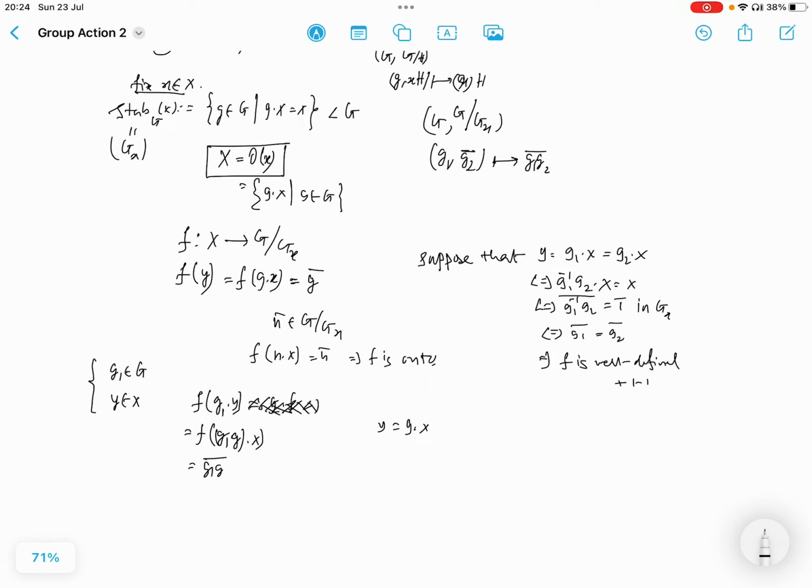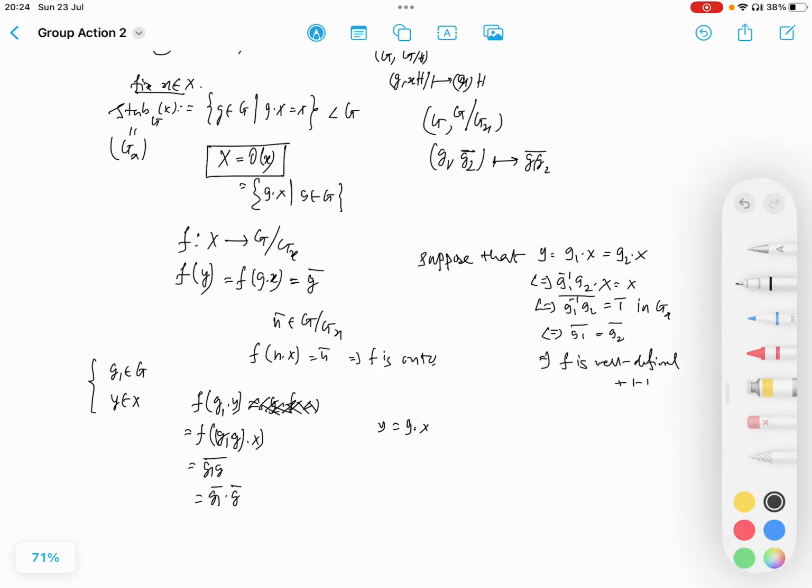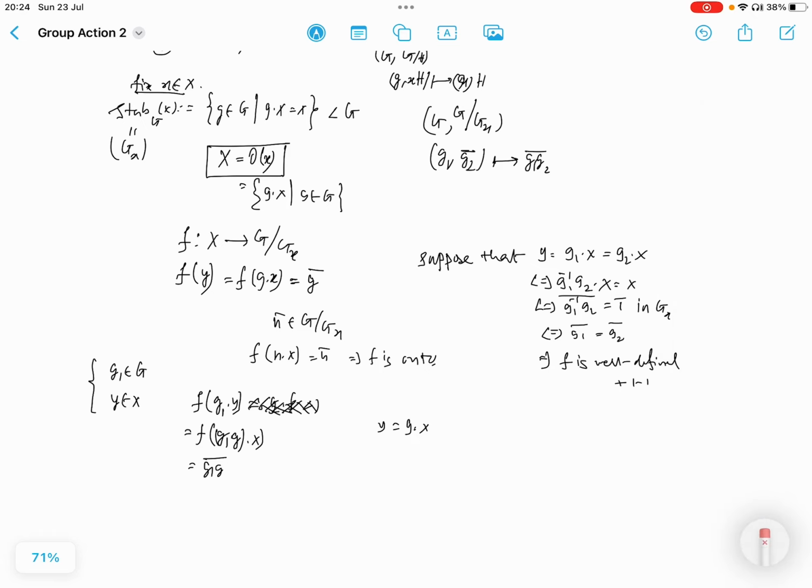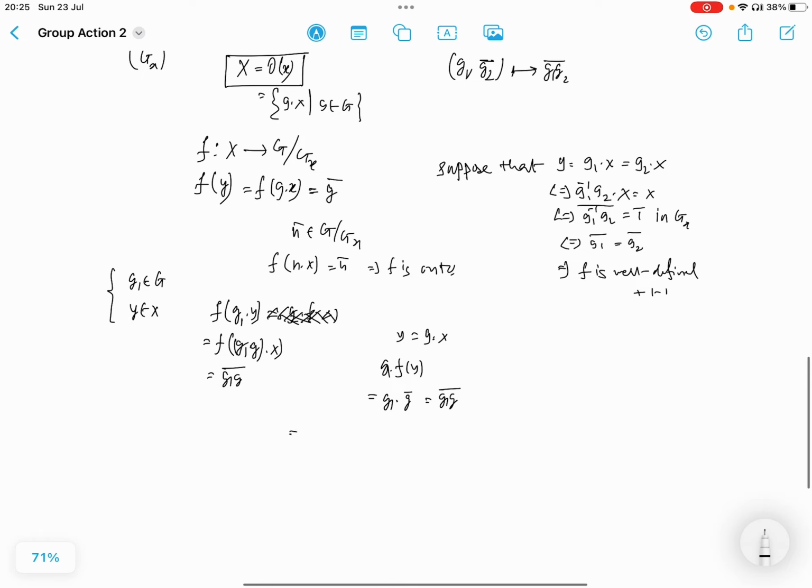On the other hand, you need to show what is F of Y. So G1 dot F of Y is F of G dot x, that is G bar, and that is again G1 G, because again you are acting by G1. So in either case you get the same thing.